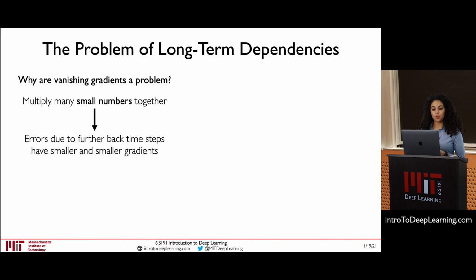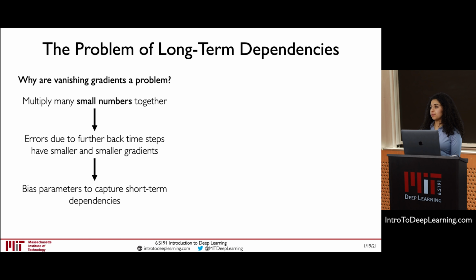And what this means when this occurs for gradients is that it's going to be harder and harder to propagate errors from our loss function back into the distant past, because we have this problem of the gradients becoming smaller and smaller. And ultimately what this will lead to is we're going to end up biasing the weights and the parameters of our network to capture shorter-term dependencies in the data rather than longer-term dependencies.